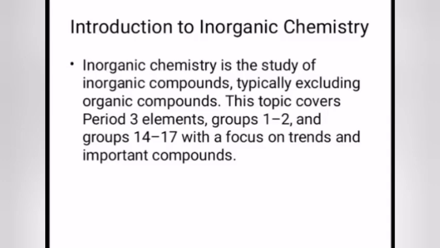Any compound that does not have a hybridized carbon bonded to hydrogen, you cannot call it an organic compound, because for you to call it an organic compound, it must have carbon and hydrogen at least. So another name for organic compounds is hydrocarbons. So definitely there have to be hydrogen and carbon for you to call it an organic compound.